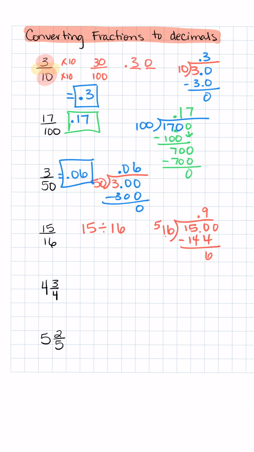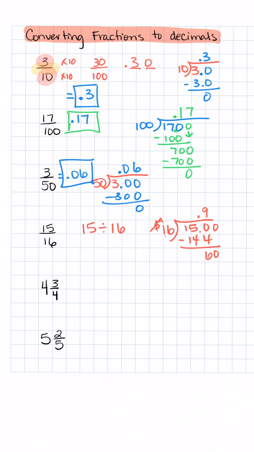Oops, I don't know why I put that 0 up top there. Bring down another 0. 16 goes into 60. 4 times. 4 times 6 is 24. 4 times 1 is 4 plus 2 is 6.